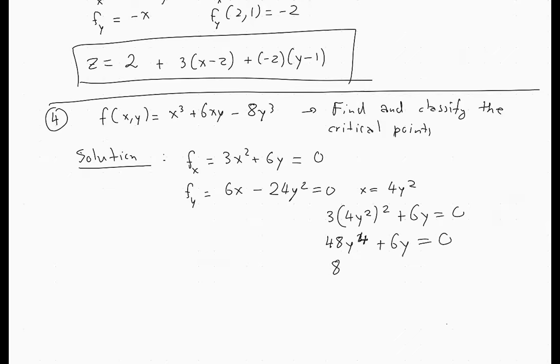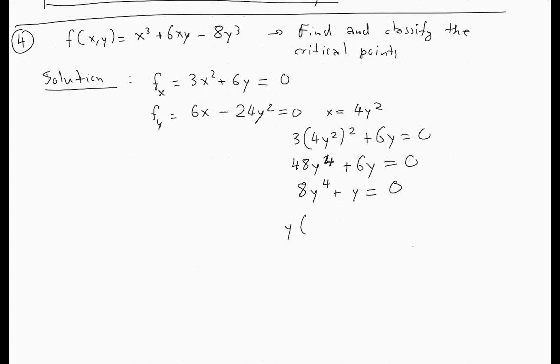plus y is equal to 0. And this will give you y times 8y cubed plus 1 equal to 0. So either y equals 0 or 8y cubed plus 1 is equal to 0, which means that y cubed is equal to negative 1 over 8.